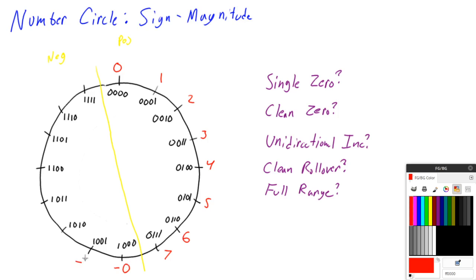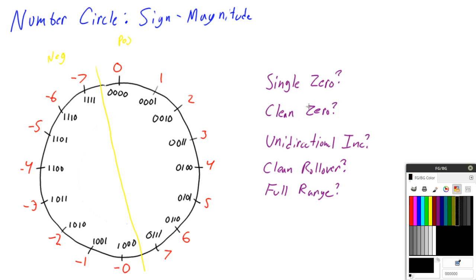Then this is negative 1, negative 2, negative 3, negative 4, negative 5, negative 6, and negative 7.